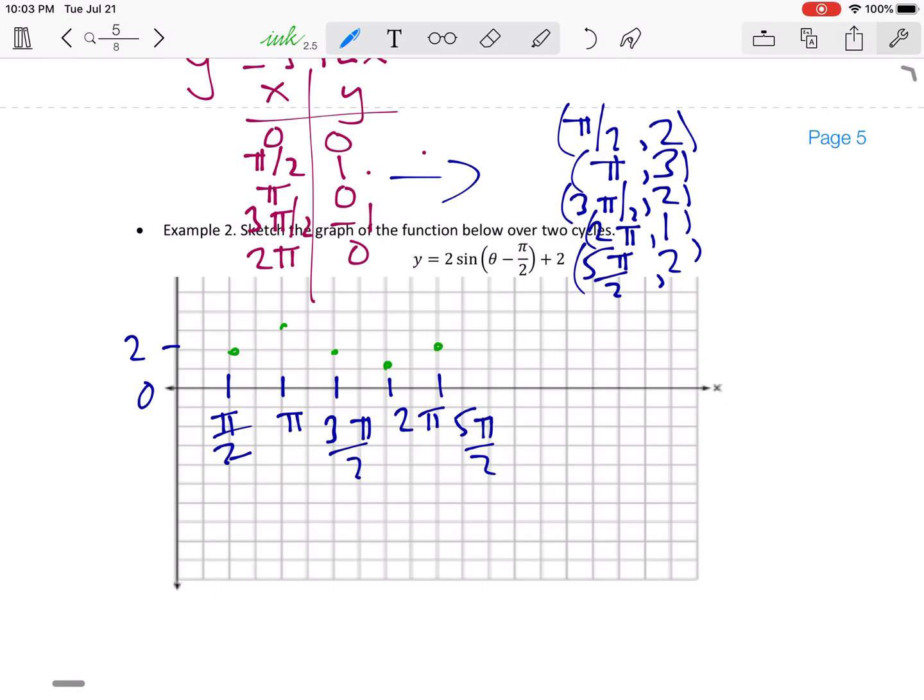Okay, so we're going to get, okay, so there's your, and now it knows how the question asks for 2 cycles. So again, when we want to do the second cycle, it's just going to follow the same pattern. So you don't need to do more mapping to figure out more coordinates. Just follow your grid. And so this is going to go there.